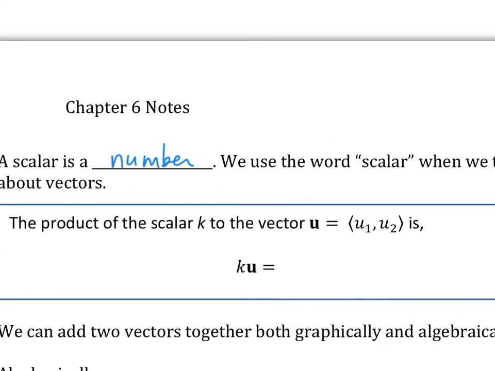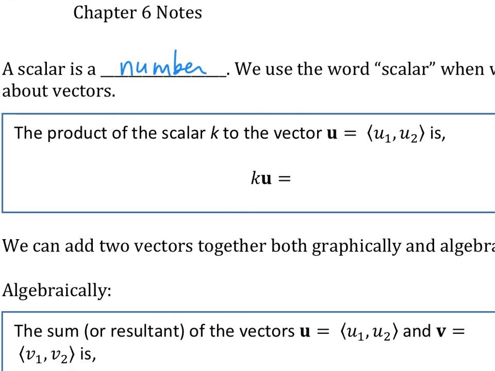Scalar just means a number. And so when we have a scalar k and we're trying to multiply it to the vector u, all you're doing is taking the scalar and multiplying it to every component of this vector. And so it becomes k u1 and then k u2, like that. So it's very simple. You're just multiplying the number to every component.